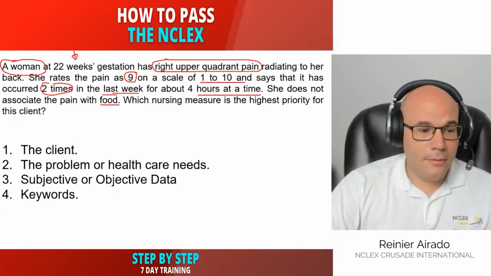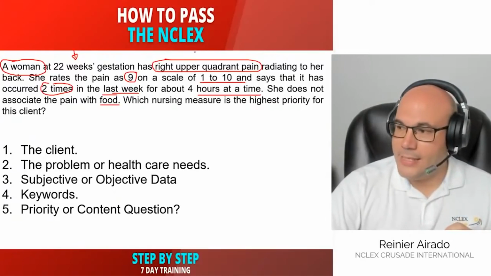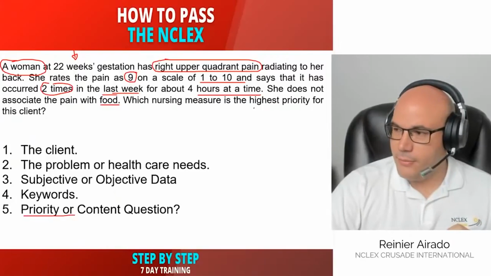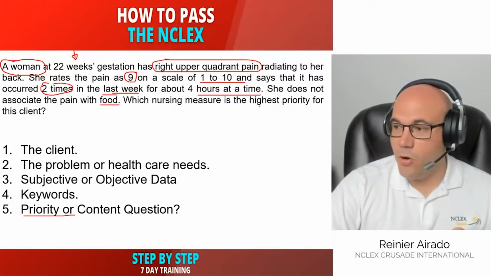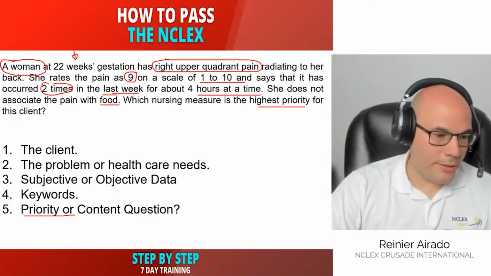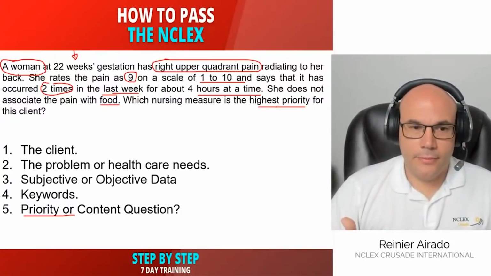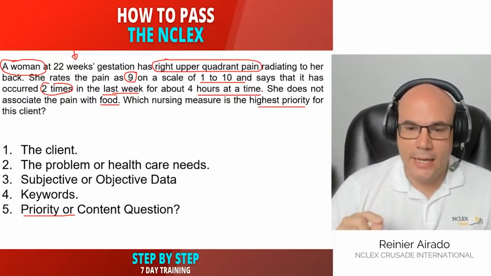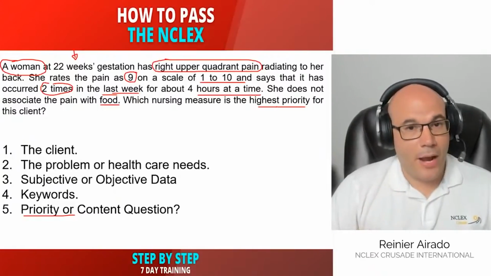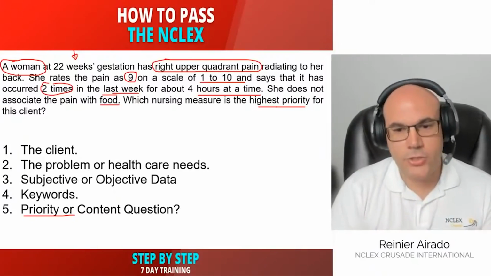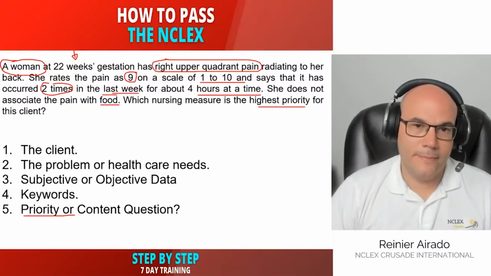And then the last key point is that this question is a priority question, because the keyword is highest priority. Why is this important for me? When you see that the question is a priority question, you have to use a prioritization strategy to answer that question.